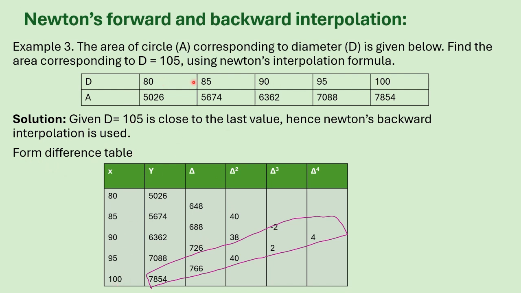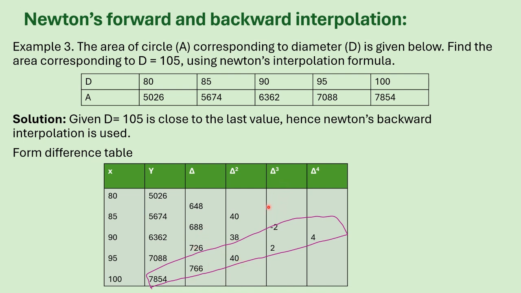X values we are writing here, y values we are writing here, delta is the difference of these two, difference of these two, and difference of these two. And now delta square is the difference of these two. Then the difference of these two is 38, the difference of these two is 40.